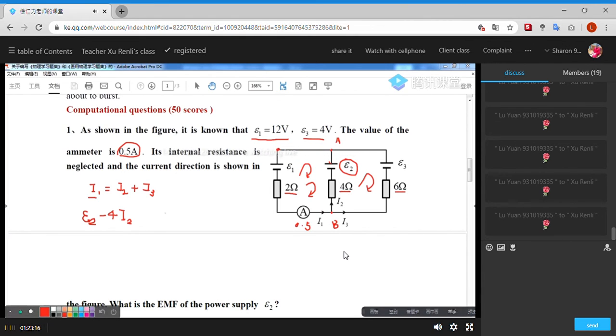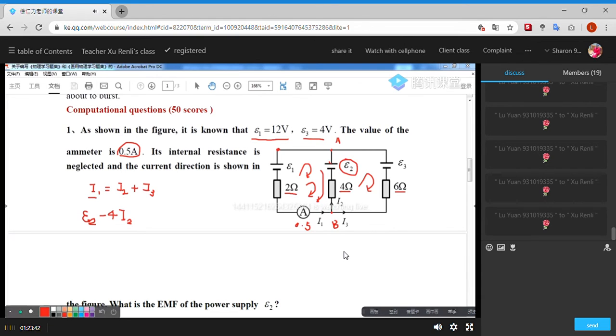Why minus? Because the loop direction is clockwise, from up to down, but the current direction is from down to up, so it's opposite.